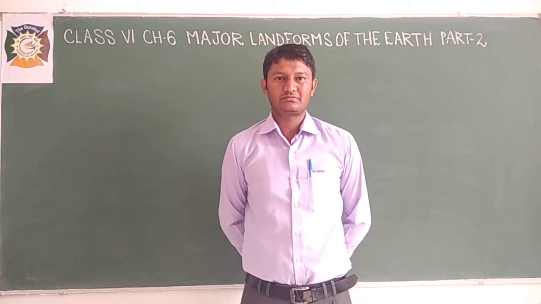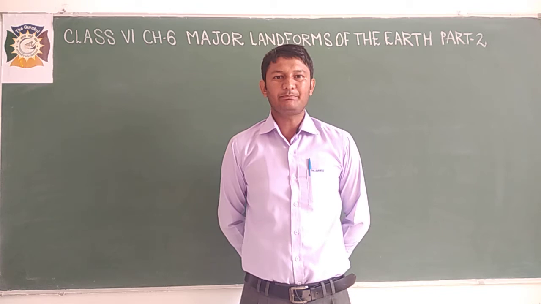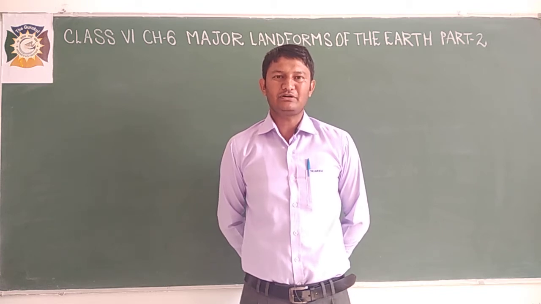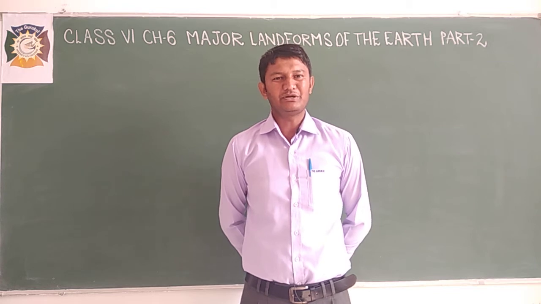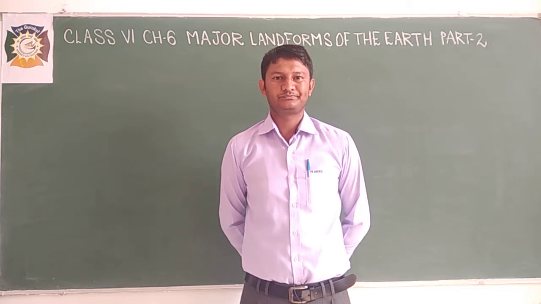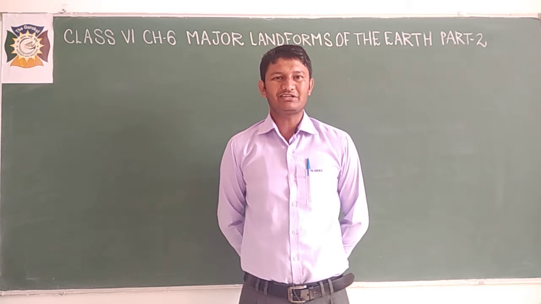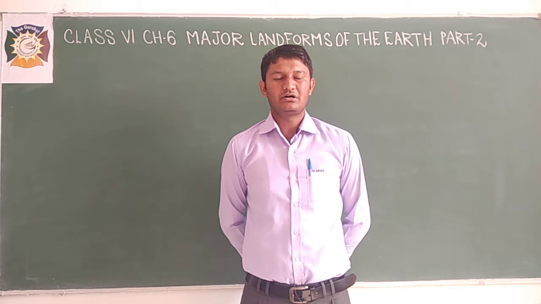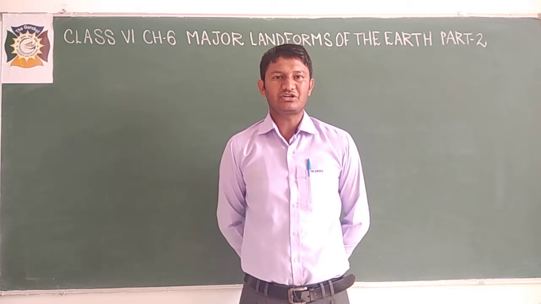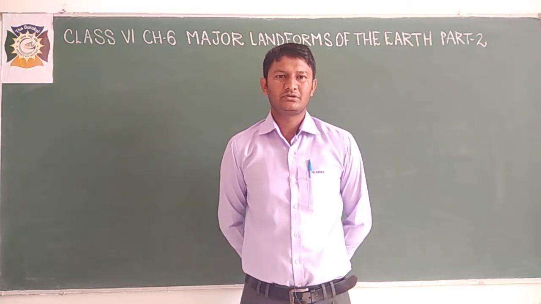Dear students, today we are going to start the second part of Chapter 6 of Geography, Class 6th, Major Landforms of the Earth. My dear students, in the previous videos of this chapter, we discussed the major landforms of the earth.